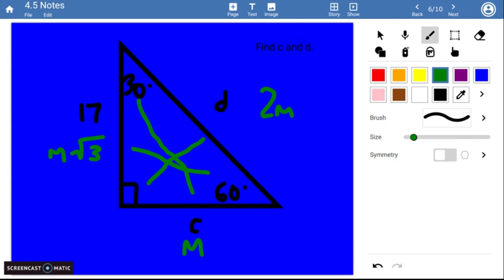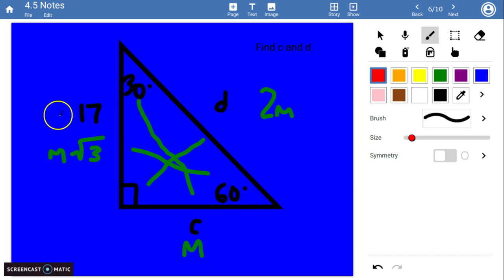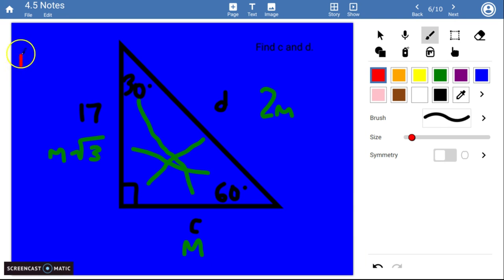Now we solve. This time we can't just plug it in because M is not 17. M root 3 is 17. So we just set them equal: M root 3 equals 17. Now you might be stuck and be thinking, what do I even do?